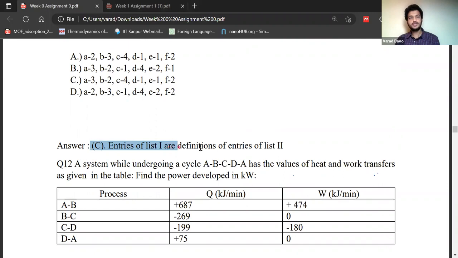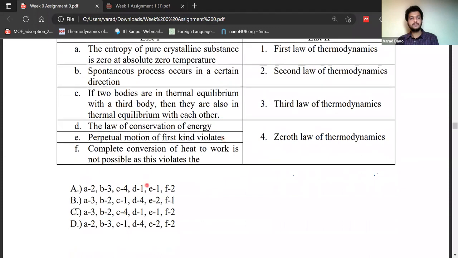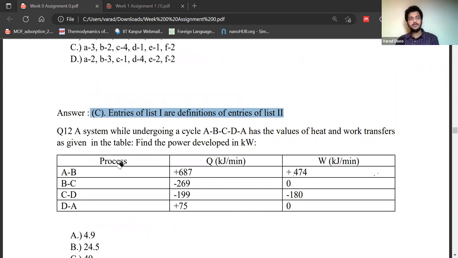The entries of list 1 are definitions of entries of list 2. There are many definitions of each law of thermodynamics. So option C is the correct answer. Now we go to the calculative question.